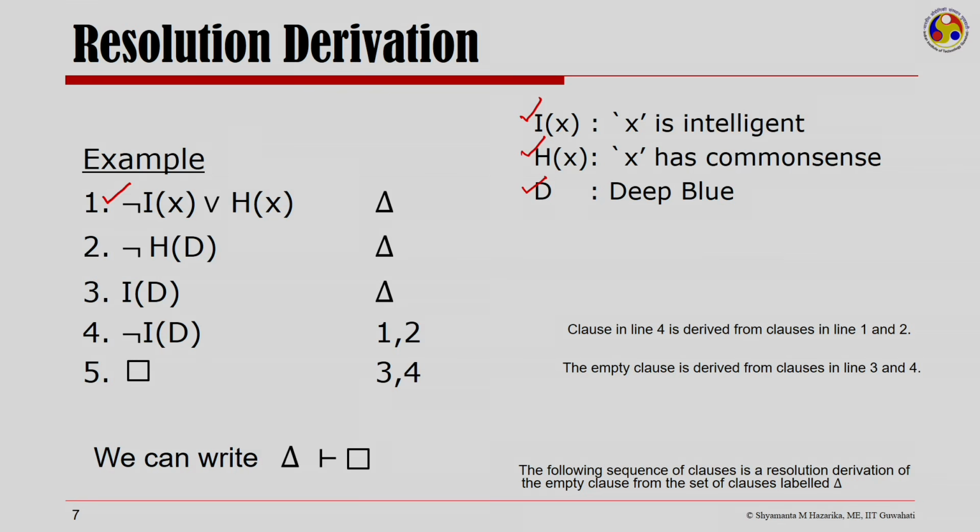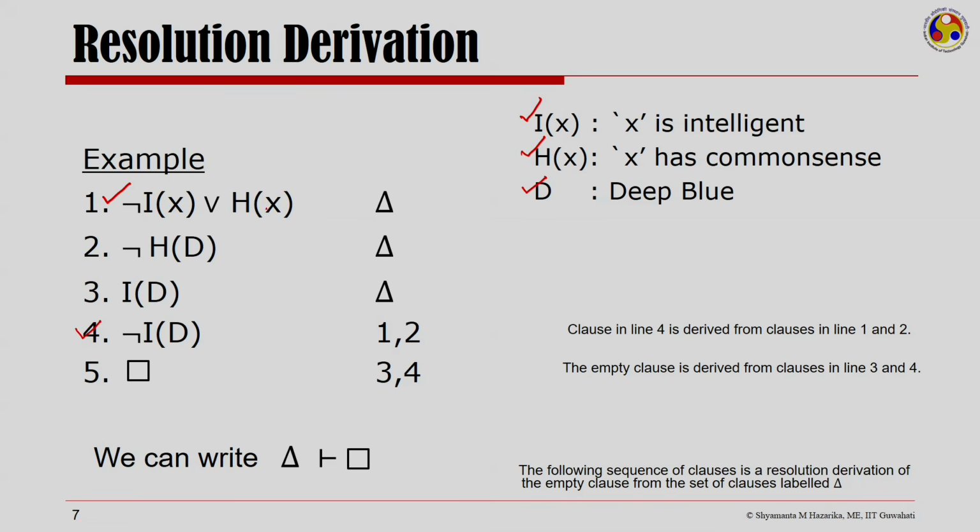And then the second statement is saying that Deep Blue does not have common sense, and here I have a statement which is saying Deep Blue is intelligent. So, for this set of clauses delta, I can now derive a new clause using 1 and 2.